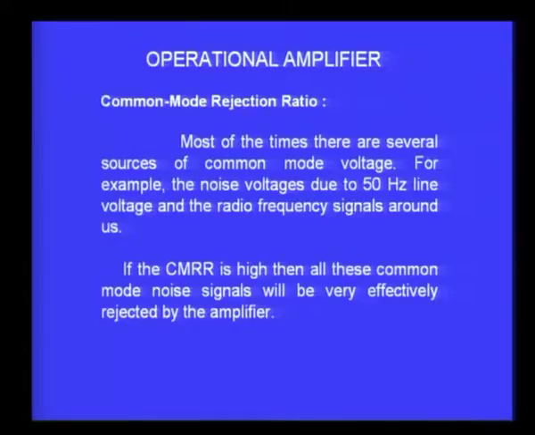This is a very important characteristic, as I already mentioned to you, because most of the time, whenever I use an amplifier in any situation, you would find there are always enormous sources of noise voltages all around us. For example, the 50 hertz voltage, the radio frequency from the different television stations and things like that.